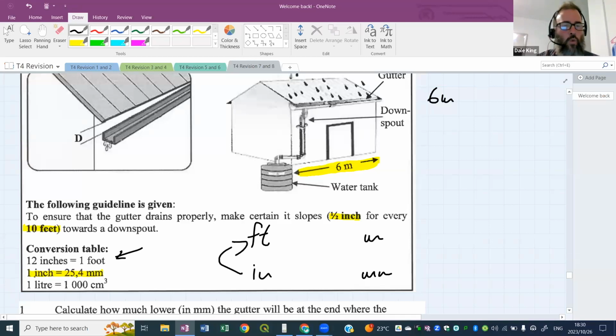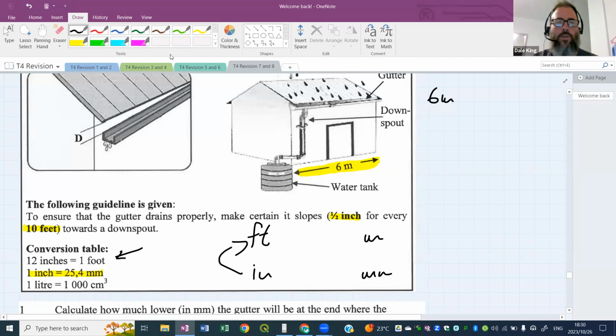If 1 inch is 25,4 millimeters, then how many millimeters will 12 inches be? I've got a 12 inch to 1 foot conversion here. If I can get 12 inches, I know I've got a foot.